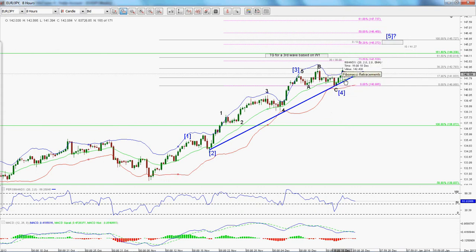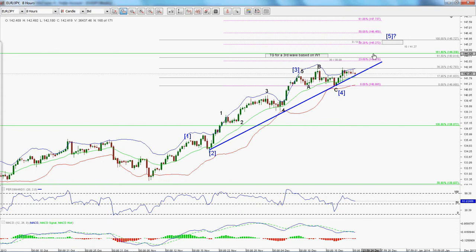It may react to this level. This is the target for the third wave based on the weekly chart. But okay, this may have a pause here. If we had 1 and 2, this is a strong 3 which will react somewhere here and then go back down again, and then finally to the upside, and the whole structure may be ended.